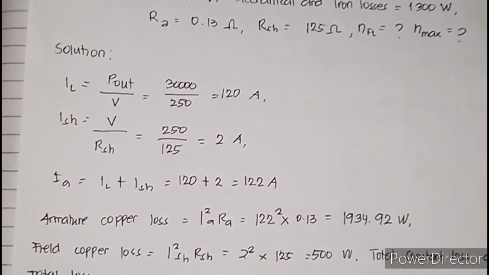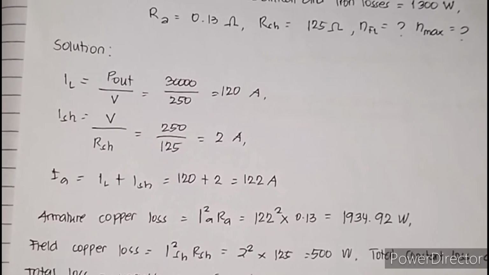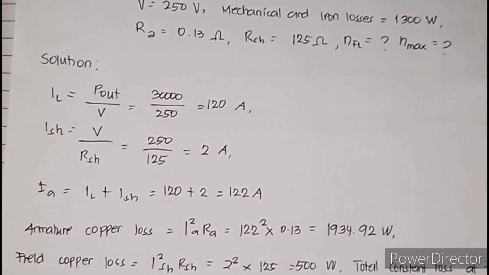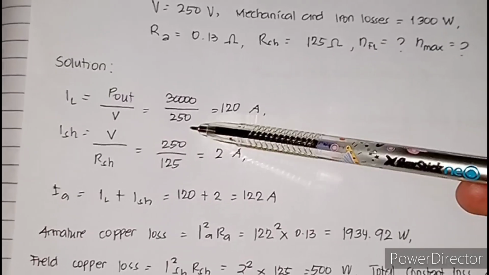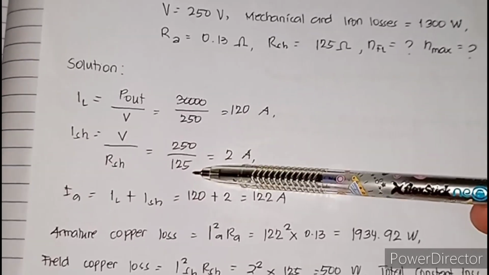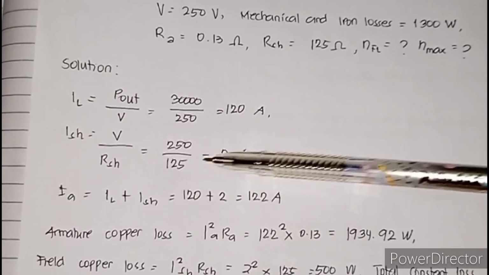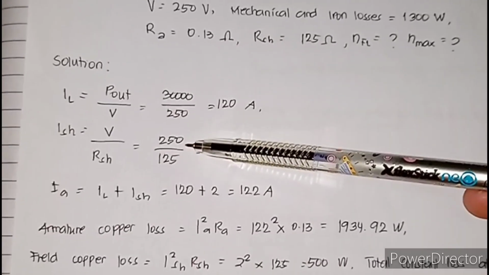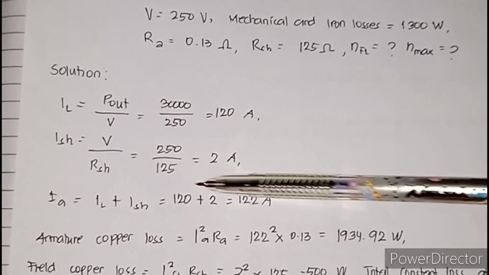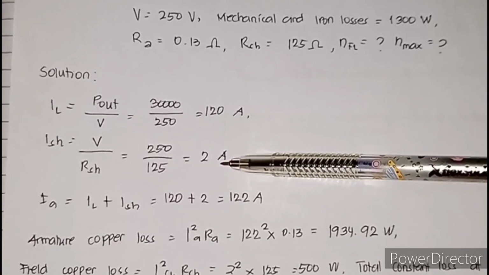Then we have to calculate the current flowing through the field winding. The voltage across the field winding is V, which is 250 volts, and the resistance of the field winding is 125 ohms. 250 divided by 125 is equal to 2 amperes.